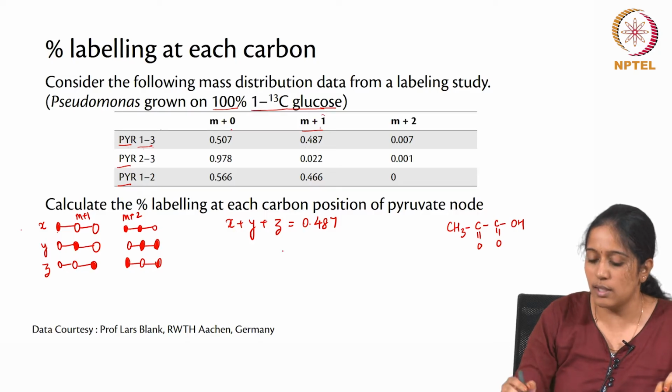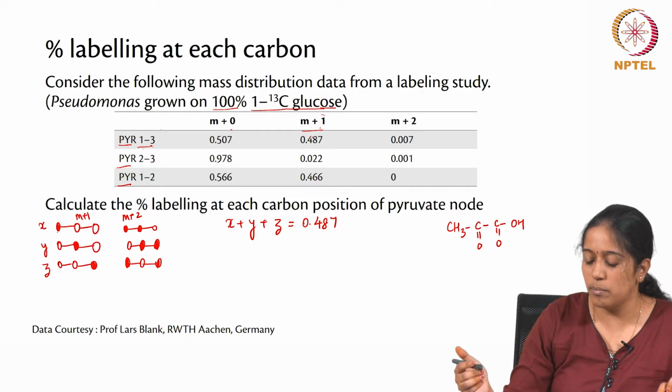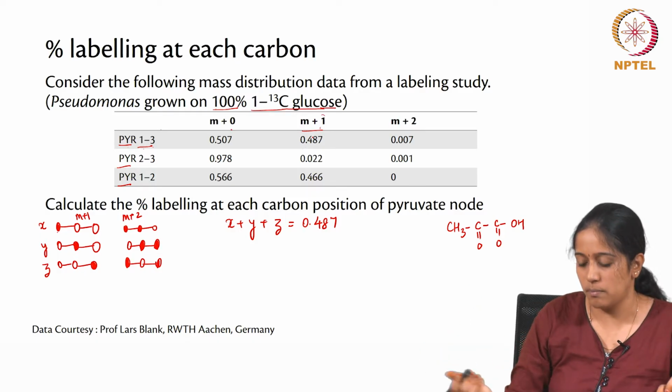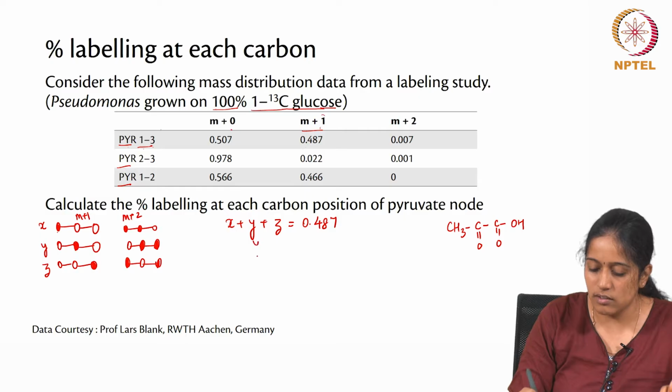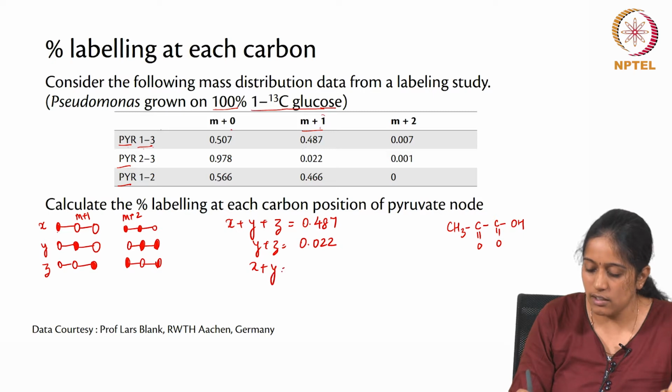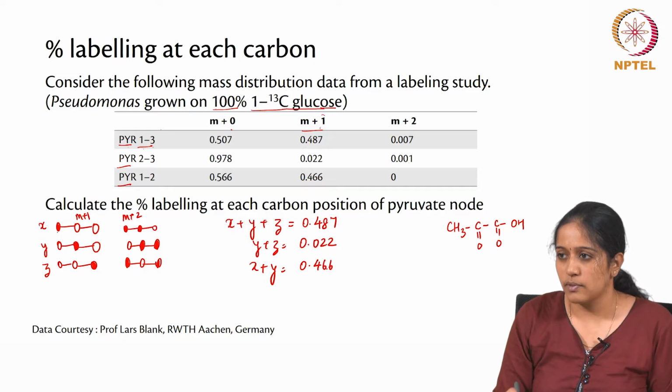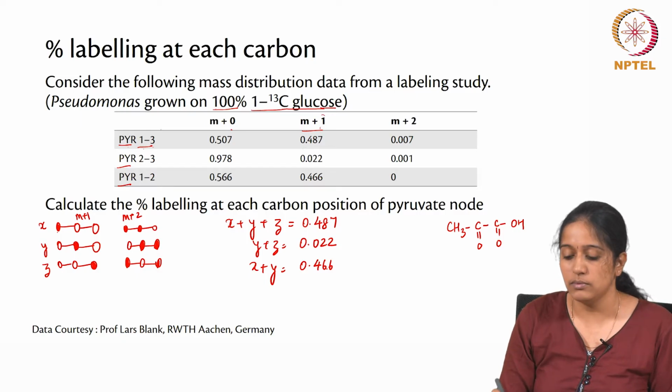The sum is the sum of all the isotopomers of M+1. The next one is Y + Z is 0.022 and X + Y is 0.466. Does it make sense?